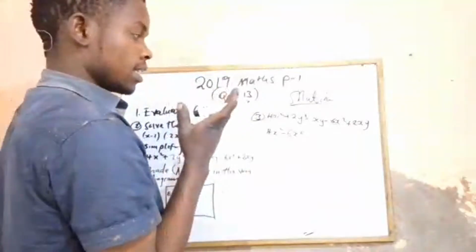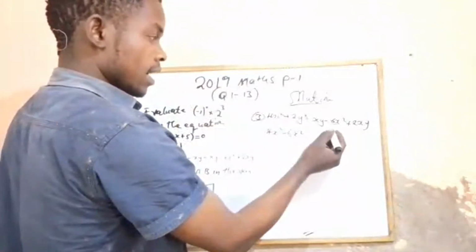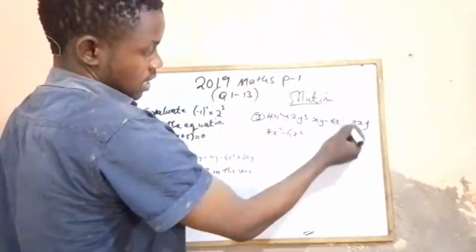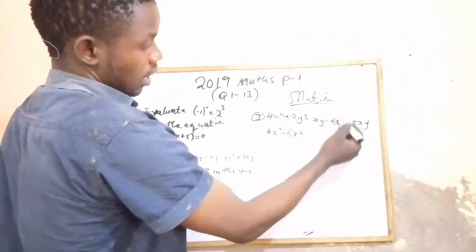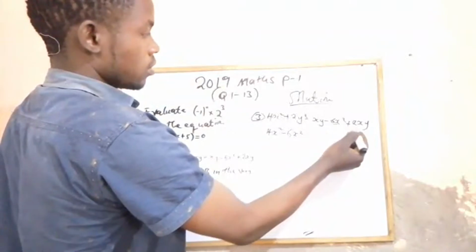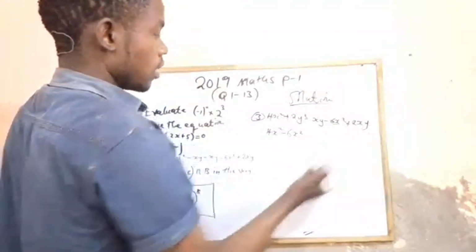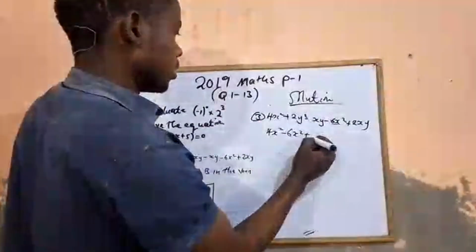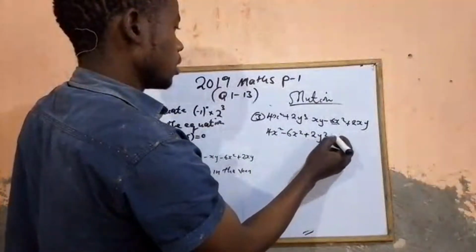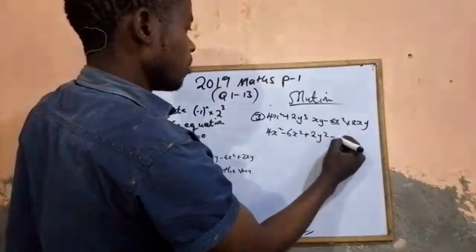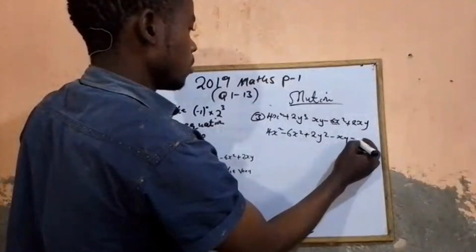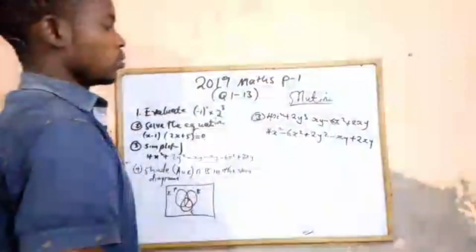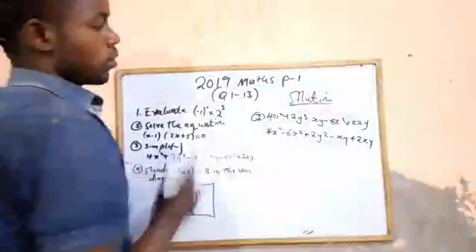And don't forget, when taking the sign, this sign is for this figure here, and this positive is the sign for this figure here. Then we have plus 2y squared, then we have minus xy plus 2xy. These are the terms which we have collected.